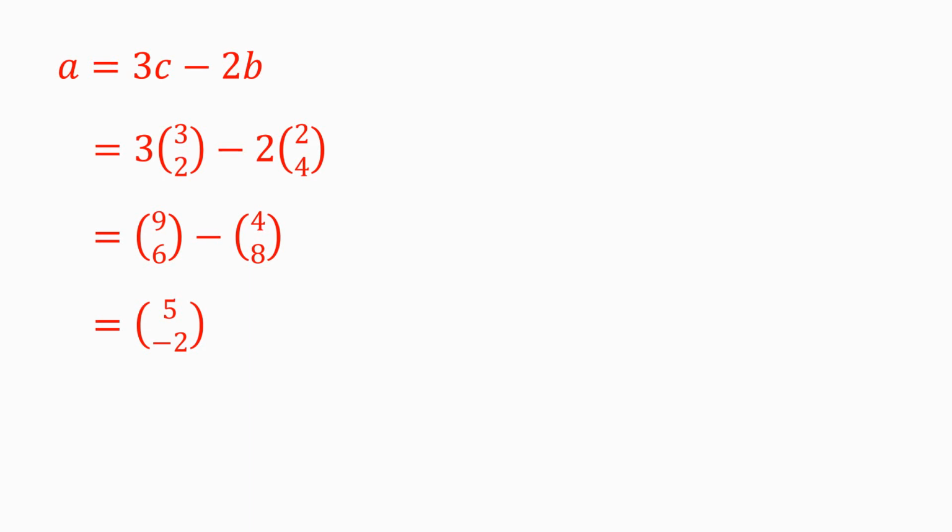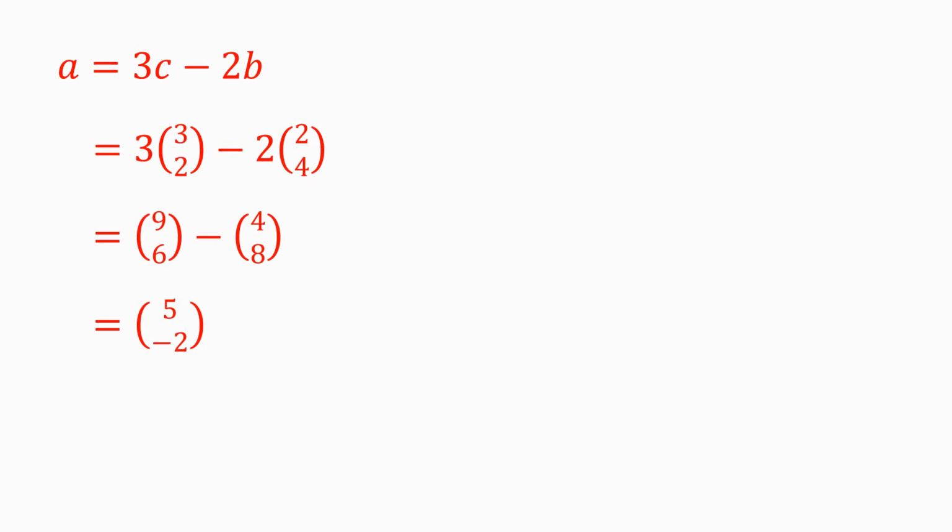So in other words, vector A has coordinates (5,-2). Then we've been asked to find the magnitude of A, and obtaining the magnitude of a vector is similar to obtaining the hypotenuse in a right-angled triangle. And by using the analogy of a right-angled triangle, the values of the shorter sides are 5 and negative 2.